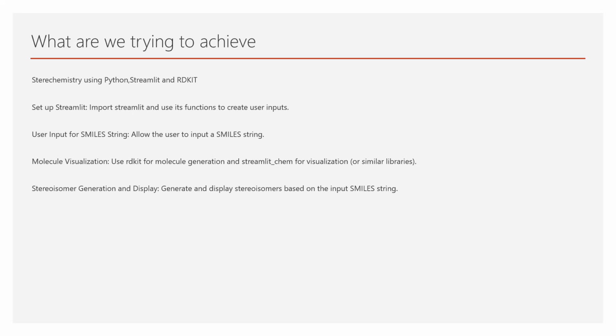SMILES are the way we pass in chemical compounds or the structure of a particular molecule, and the reactions that you see as a visualization would be done with the help of input from the user. For molecular visualization, use RDKit for molecule generation and Streamlit Chem or similar libraries for visualization. But we are using Streamlit itself, so that would be it. Then stereoisomer generation and display: generate and display stereoisomers based on the SMILES strings that we passed.